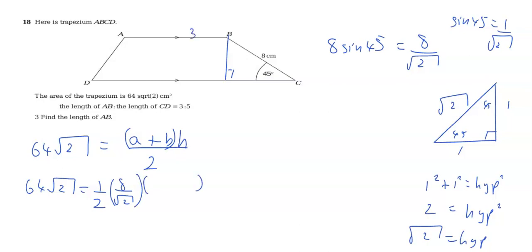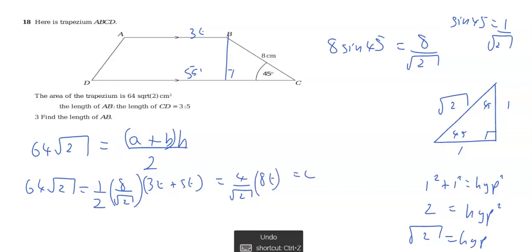Well, this is 3 to 5, so if I say that's 3t and that's 5t, I can put in 3t plus 5t. So I have got 8 over 2 is 4, 4 over root 2, so I've cancelled those off, right? Times 8t equals 64 root 2.